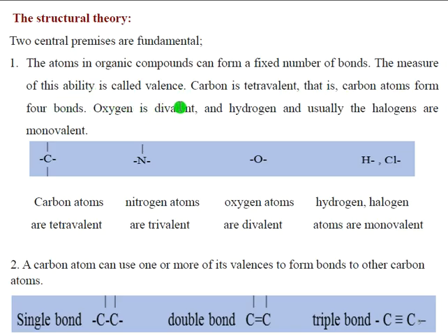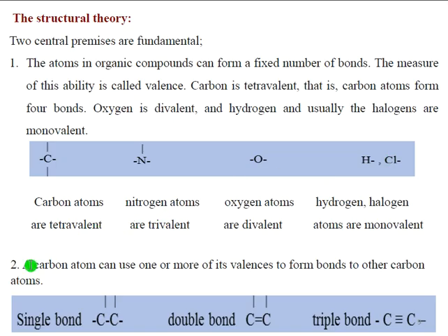Oxygen is divalent, di meaning two. And hydrogen, and usually the halogens, are monovalent. Mono meaning just one, and can make one bond with other atoms.